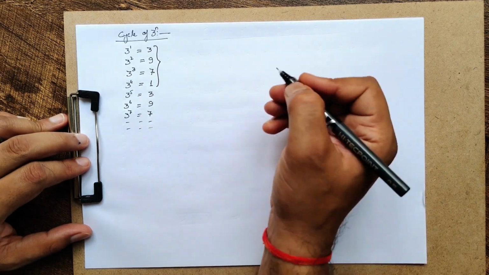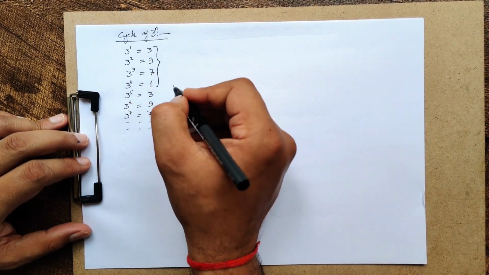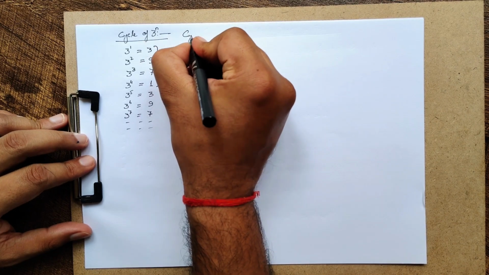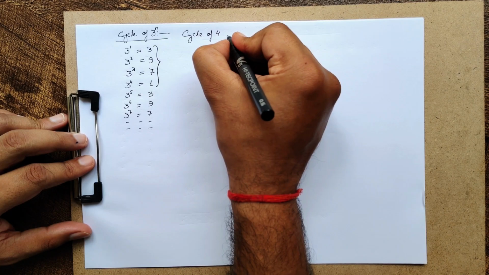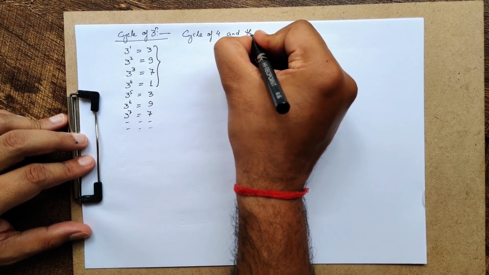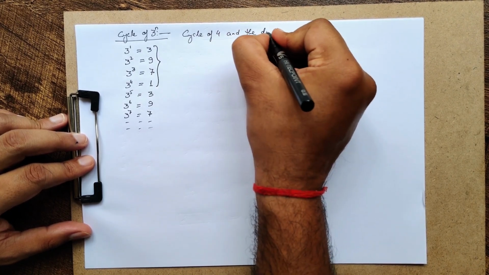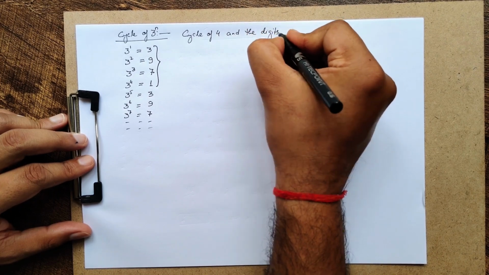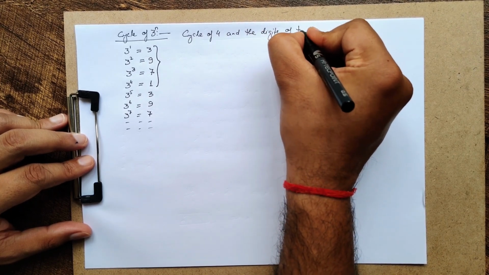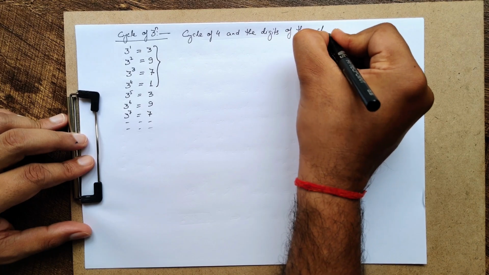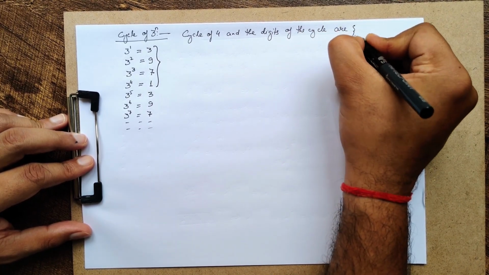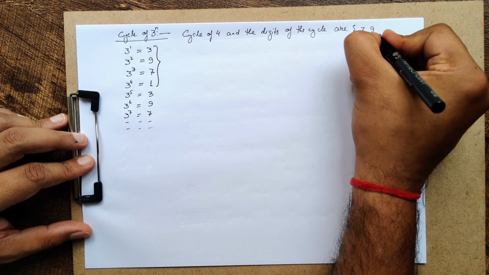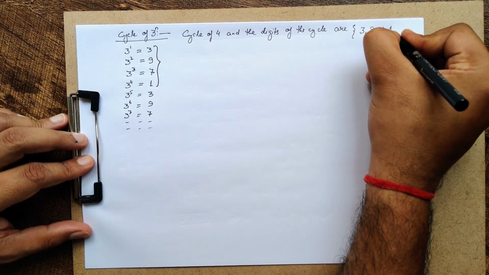And the digits of the cycle are 3, 9, 7, and 1.